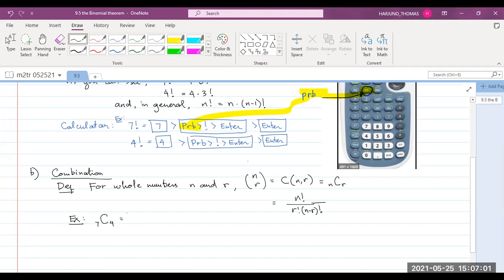Our textbook will use this notation: 7 on the top, 4 at the bottom, but again, it's not a fraction, so don't put a line there. Now this means, according to our definition, 7 factorial over 4 factorial times 3 factorial.